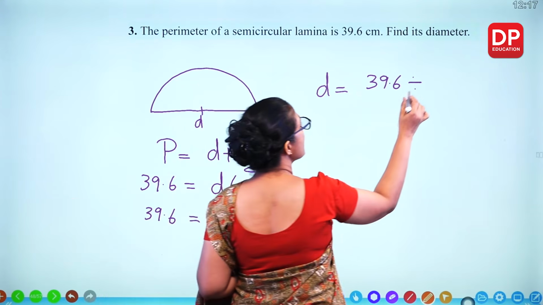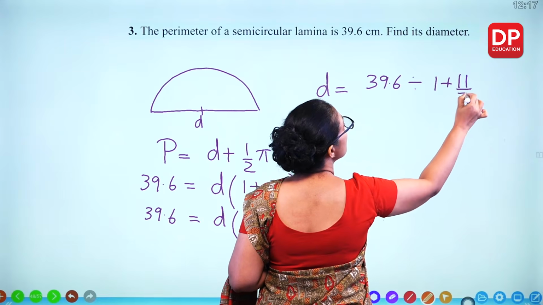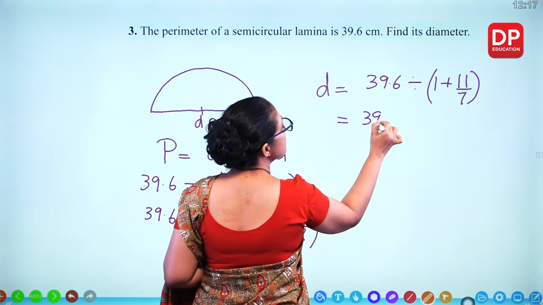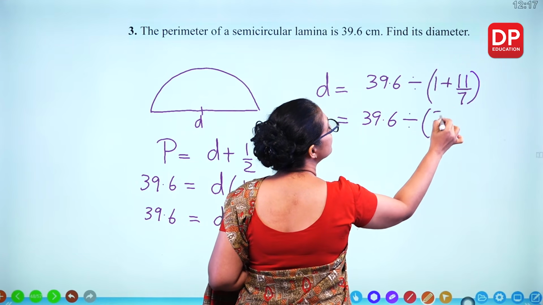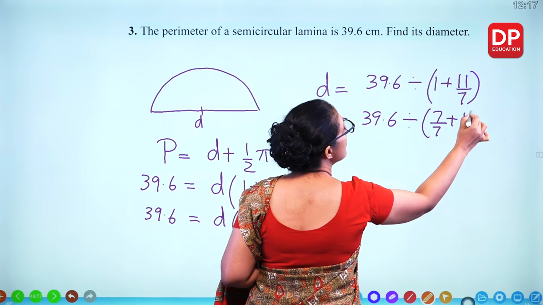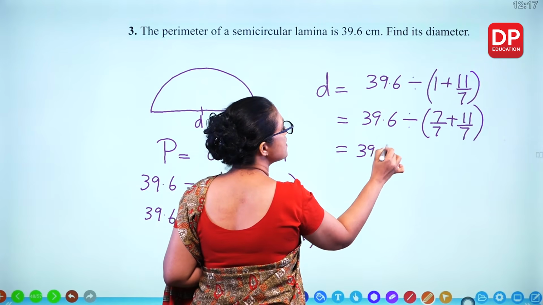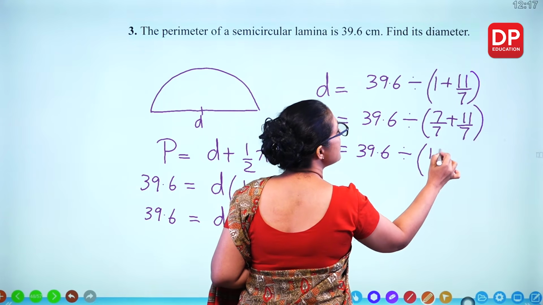So, 1 plus 11 over 7. I can write as 7 over 7 for 1. I need to add these two fractions. So, 39.6 divided by, you get 18 over 7.